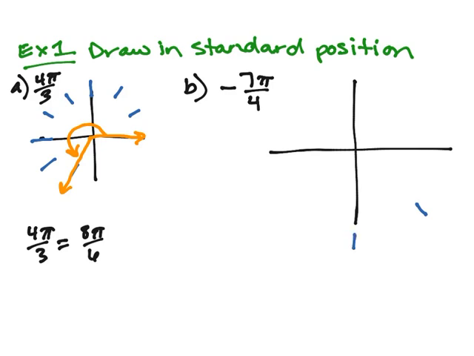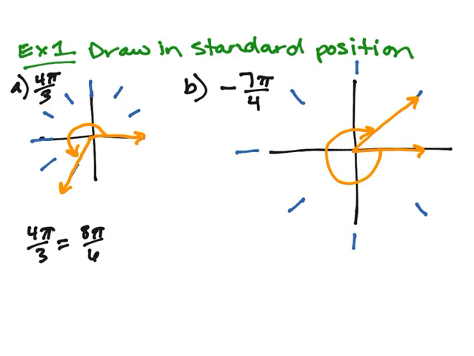Then we've got 2 pi over 4, 3 pi over 4, 4 pi over 4, 5 pi over 4, 6 pi over 4, 7 pi over 4. So we start with our angle, initial side on the x-axis, terminal side is pointing there, and I need to show that I went in the negative direction.